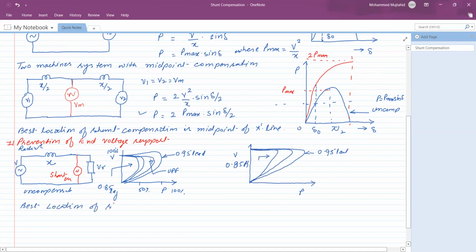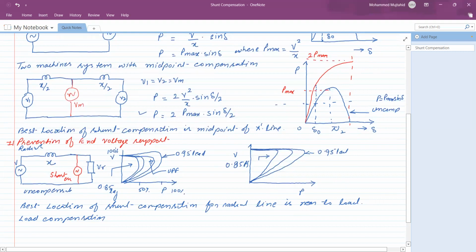of shunt compensation for a radial line is near to the load, or it is also called load compensation.